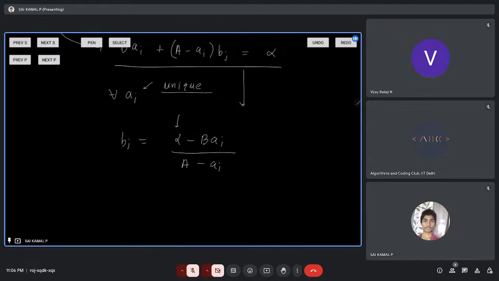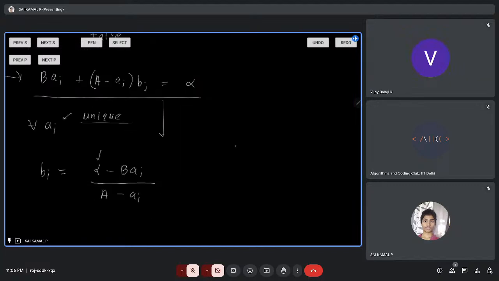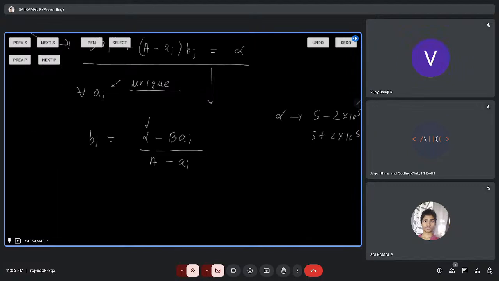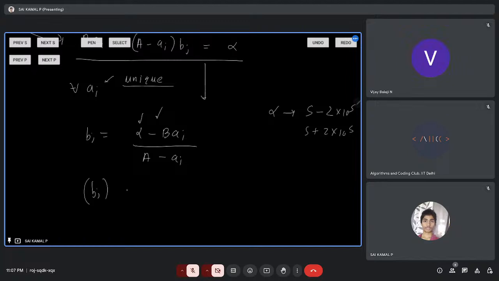Now we know the upper bound and lower bound of alpha, because alpha could only go from s minus 2 into 10 power 5 to s plus 2 into 10 power 5. So you can figure out a lower bound for bj and an upper bound for bj for a specific value of ai.